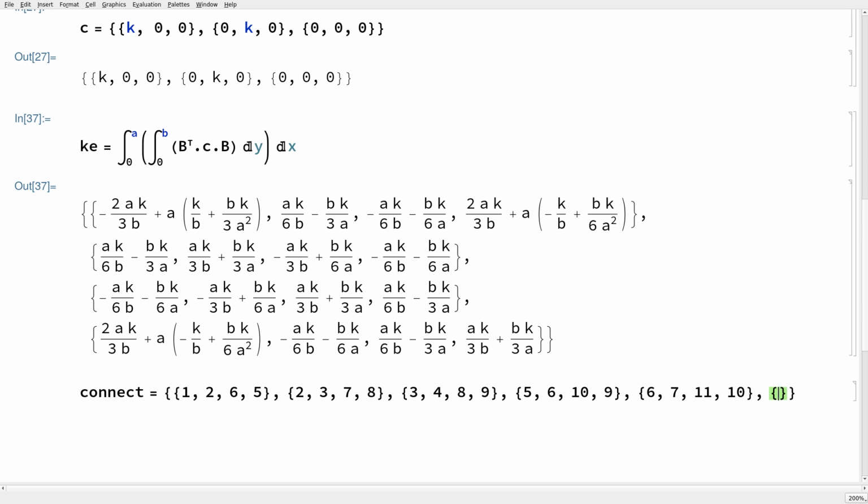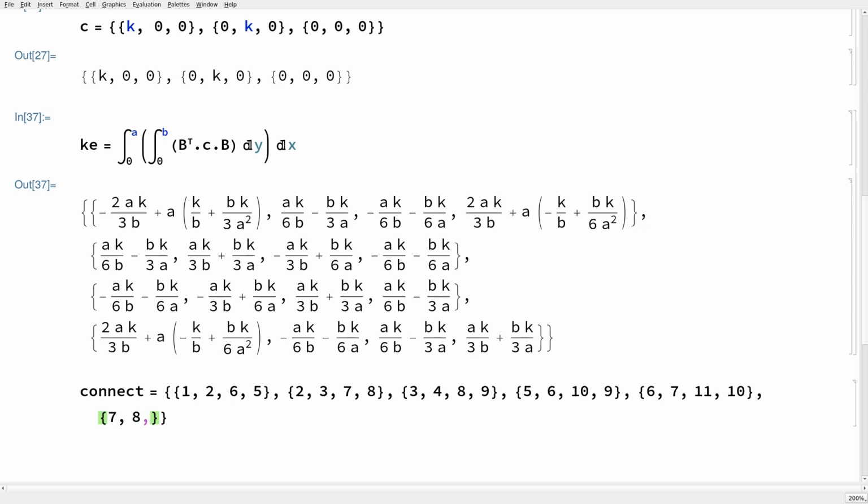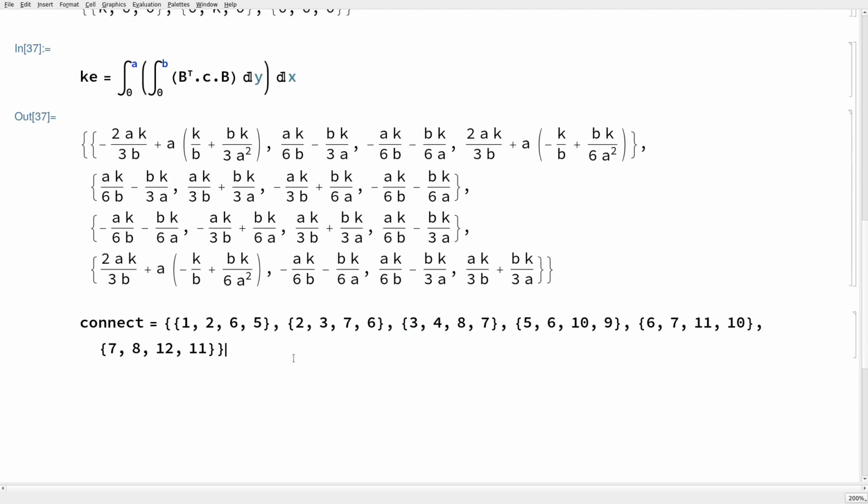Element 6 is 7, 8, 12, 11. That is 2, 3, 7, 6, right? 2, 3, 7, 6. Thank you. Anybody see any other mistakes? It's going to make a big difference. So element 3 is 3, 4, 8, 7. Thank you. Element 4 is 5, 6, 10, 9, 6, 7, 11, 10, 7, 8, 12, 11. Okay, so I've got my connectivity array.